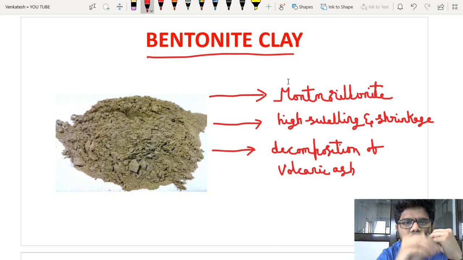So the main use of this bentonite clay is it is used as a drill mud. Drill mud is nothing but it is used in some boring applications to ease the process of boring. So that is one of its application.